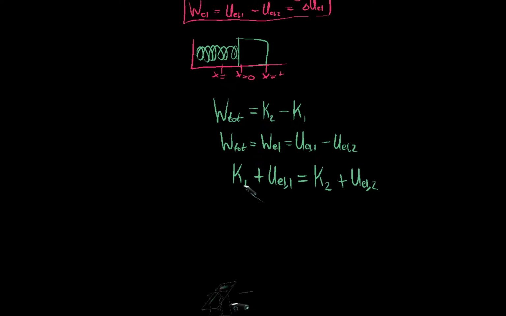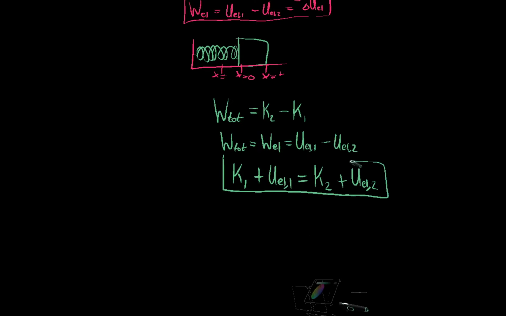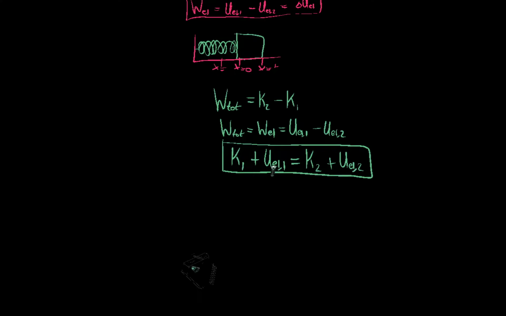Right? So this is identical in form to what we came across with gravitational potential energy. You literally have something exactly like this written in your notes, except instead of U elastic, it's U grav, right?